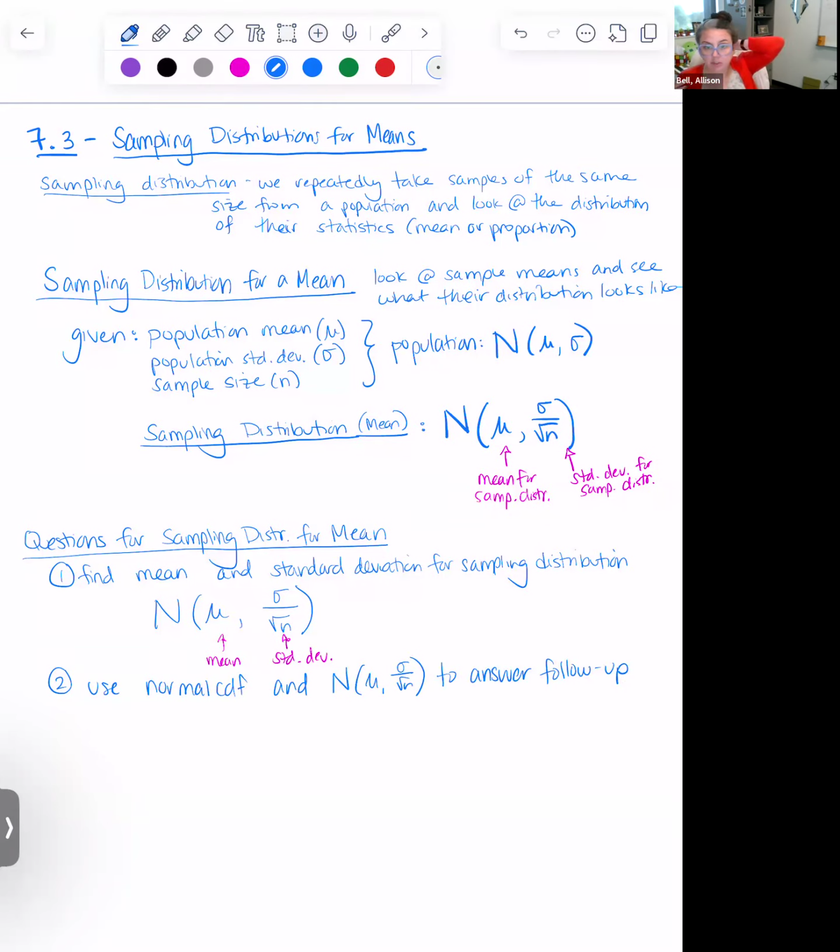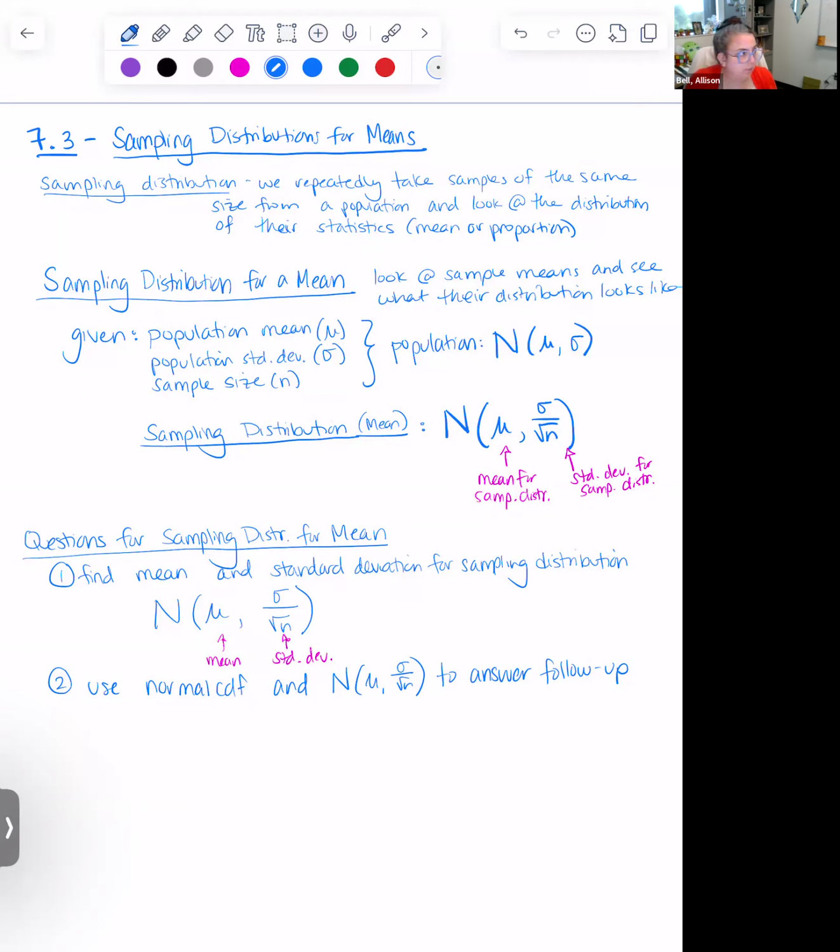So whatever the follow-up question is, it can always be answered by using the normal CDF function in the calculator along with the information from the sampling distribution. So it's our job to decide if we're talking about a sampling distribution based on the language or if we're talking about the normal model based on the language. And we have to use what's given in the wording to help us assess what's going on in each particular problem.